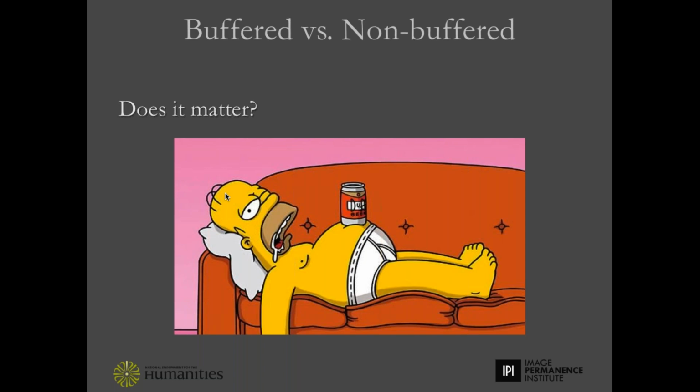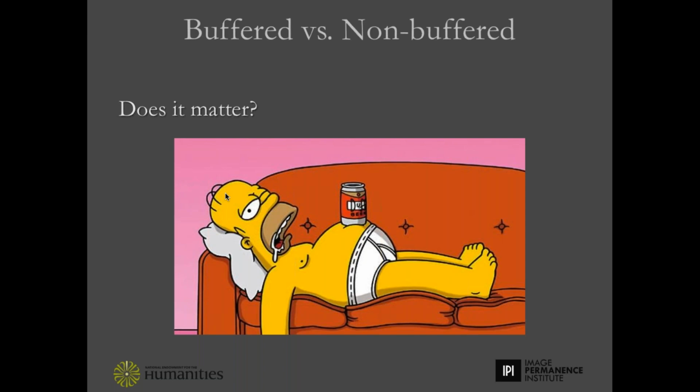We did some tests. The idea of the buffered material is that the buffering agent will counteract anything acidic. If we remember from our high school chemistry class, when you mix an acid and a base together, what do you get? You get neutral water, right? So the idea is if you have the buffering agent in the paper, if there's anything acidic in the object or in the environment, it'll become neutralized and therefore less harmful to the object.